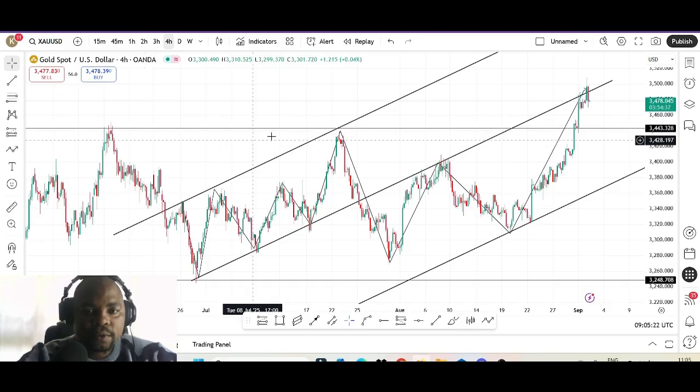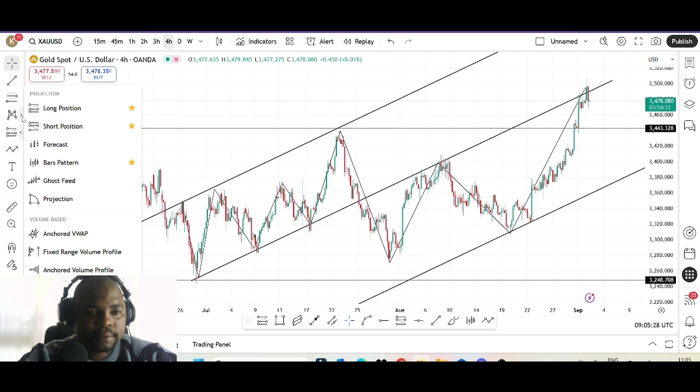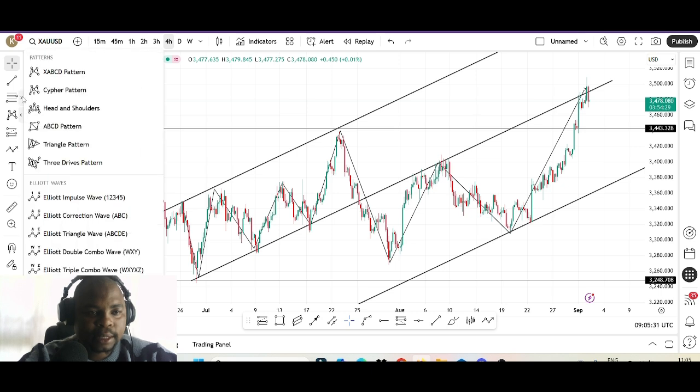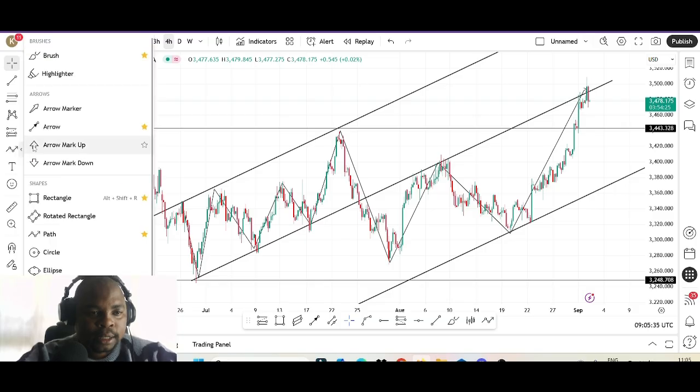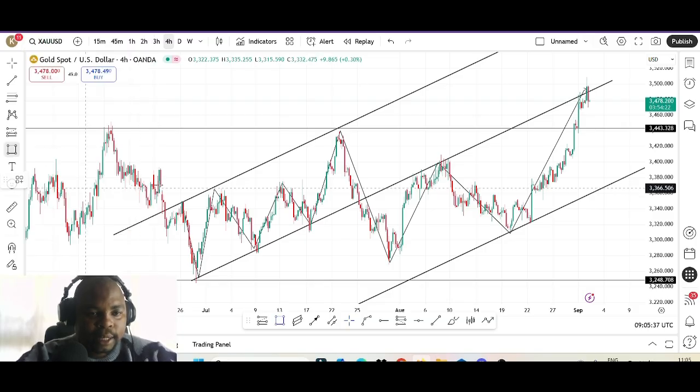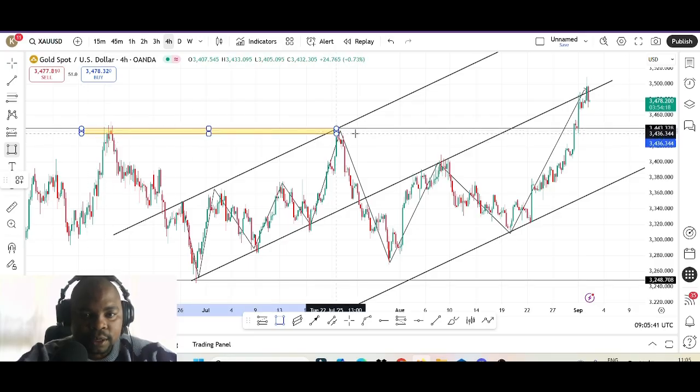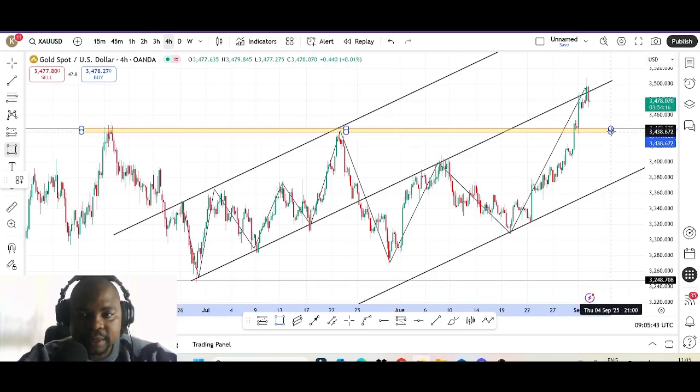You see now, this is important. Let me highlight it here. This point is very much important because this point was supposed to be a resistance.